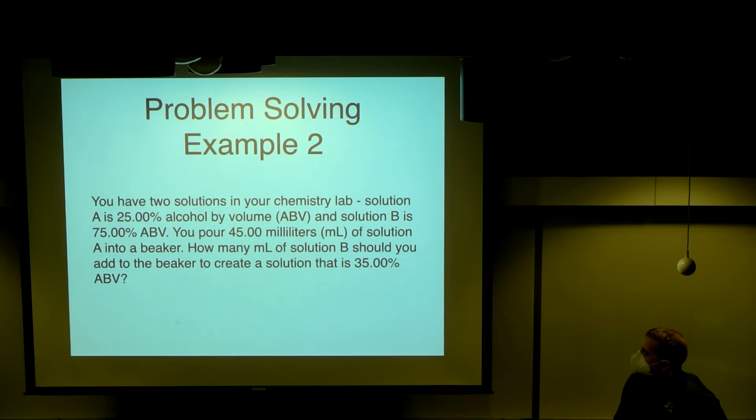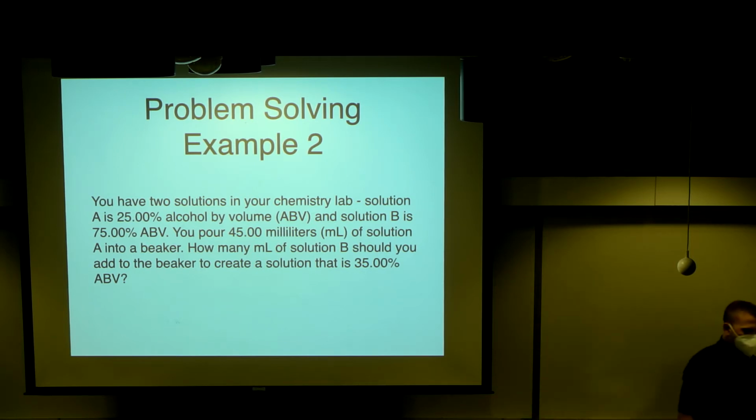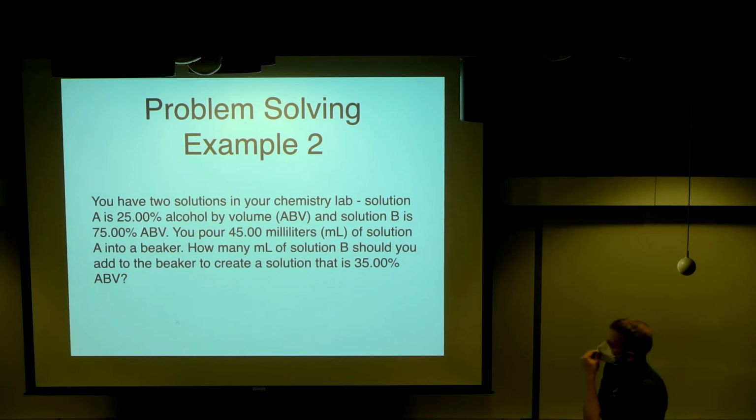We'll just say ABV for that. We'll say solution B is another one I have in my lab, and it's 75% ABV. So here's what we do. We start by taking 45 milliliters of solution A and pouring it into a beaker. So the question is, once we've done that, how many milliliters of solution B would I need to add to that beaker to create something that is 35% alcohol by volume?